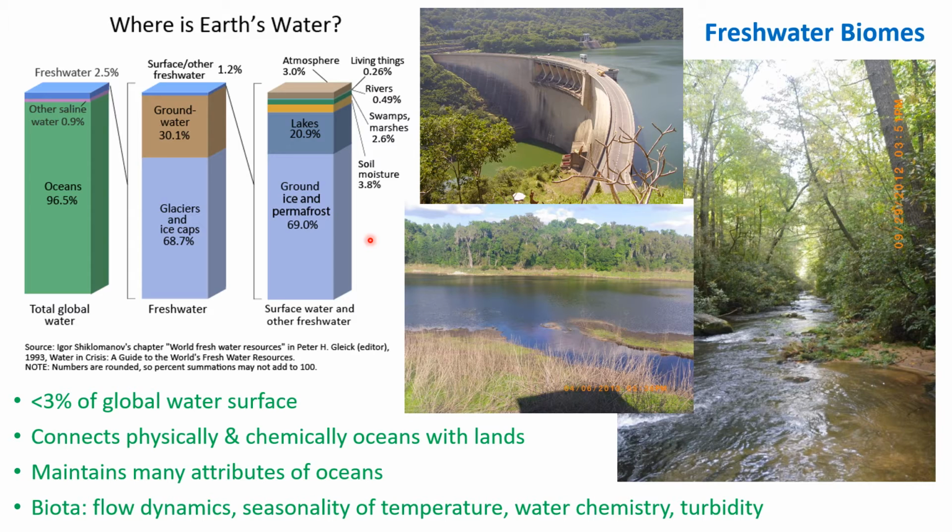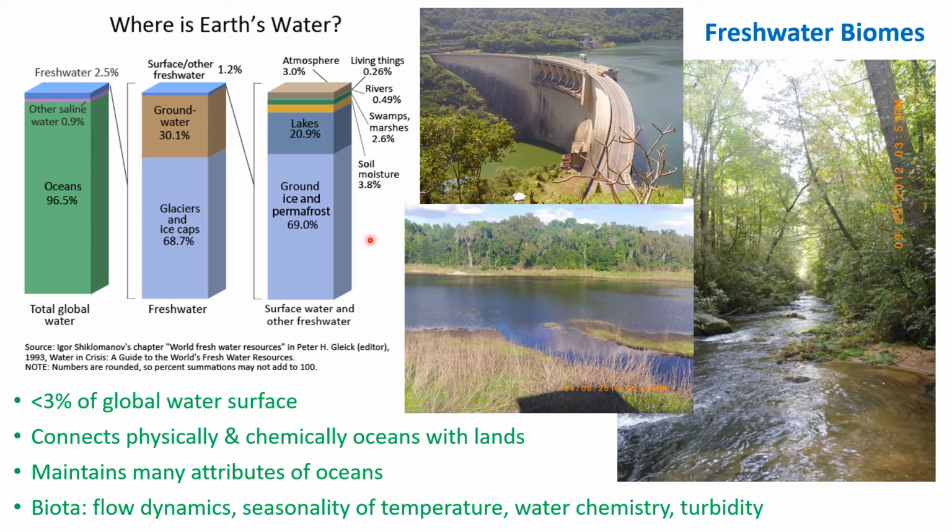So nearly 70% of the surface freshwater may not be readily available for biological organisms, or that permafrost may not be available year-round for their biological activities.